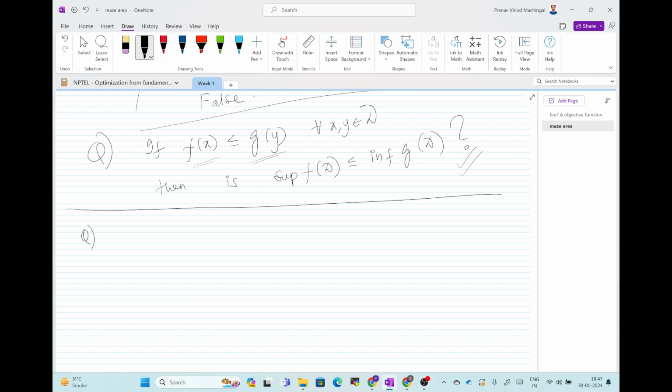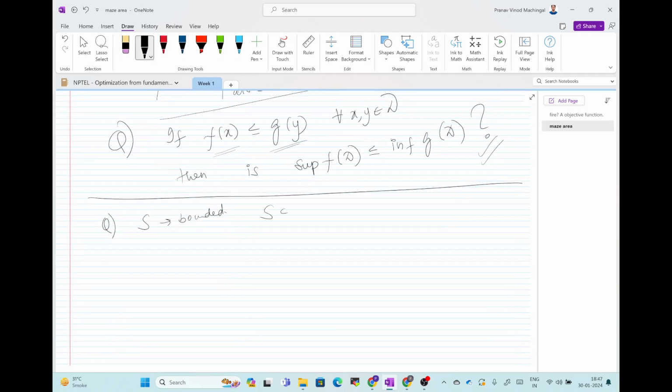Let's say your bounded set is S. So sup of a plus S, is this equal to a plus sup of S?